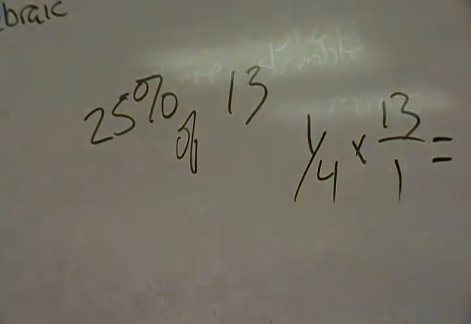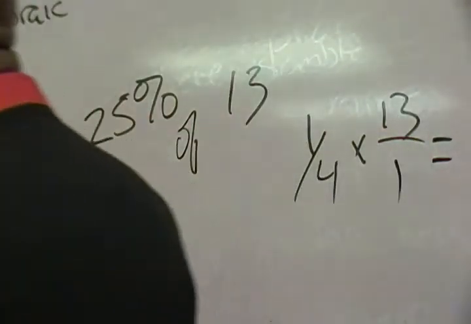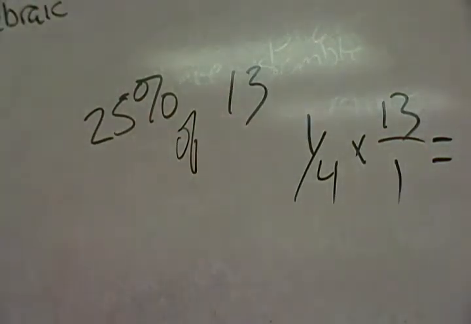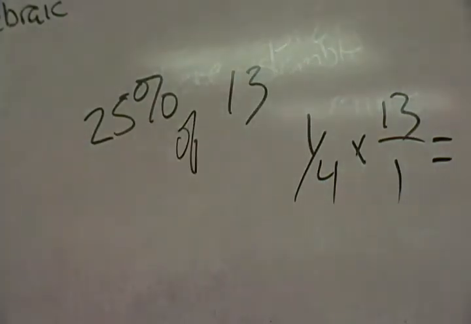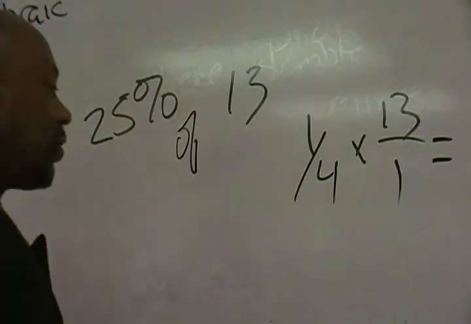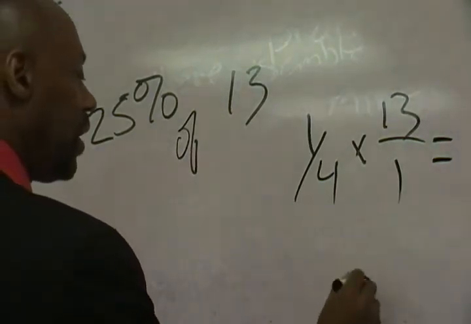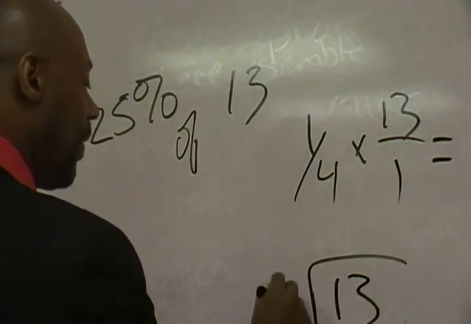You have to simplify. How do we simplify? 4 into 13. Exactly, because remember, whenever you see a fraction, it means division. So you're always going to divide the numerator by the denominator. So I'm going to put 13 divided by 4.